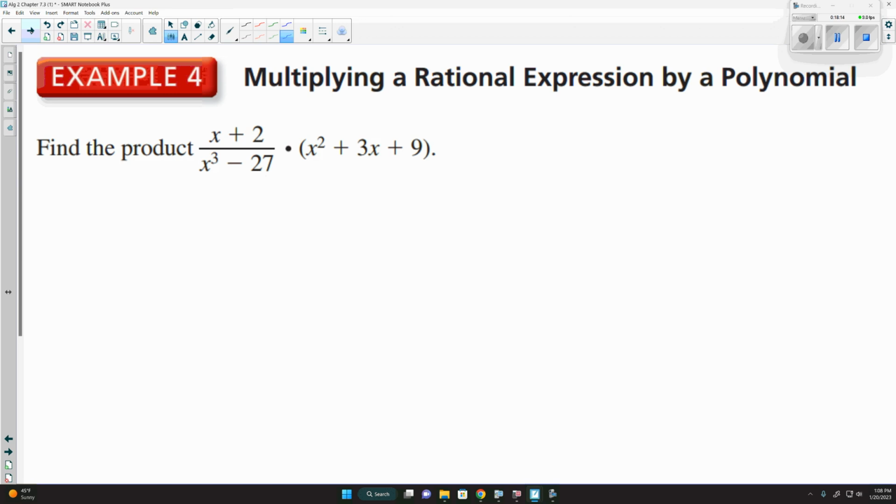I want to look at this because this here is a common mistake that does occur, in that when we want to multiply it, I've seen it, we want to multiply this by not just the top, but also the bottom. It doesn't work that way. It only multiplies by the top because it's understood that the denominator is 1, so we're multiplying the x cubed minus 27 by 1.